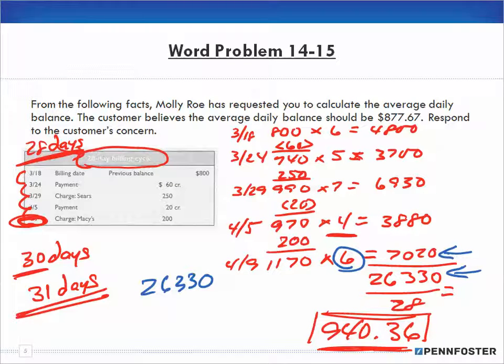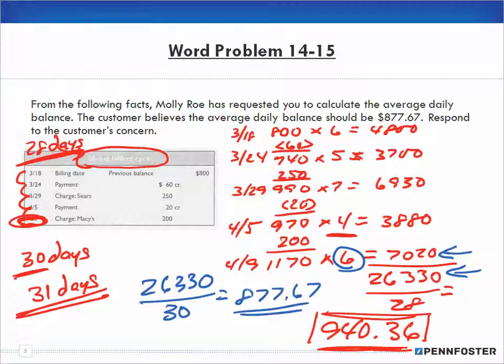But if for some reason you came up with the 26,330 and then, needing the average daily balance, didn't think about it and decided to divide by 30, your answer would have ended up being 877.67. And that is wrong. The correct answer is the average daily balance for the billing cycle, and that billing cycle is 28 days, not 30.